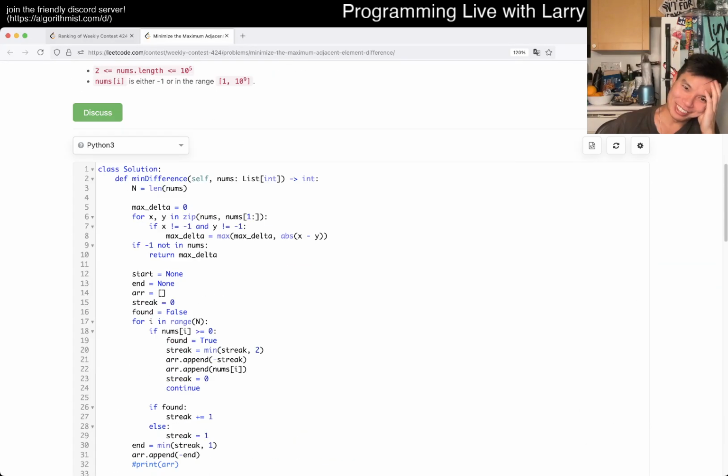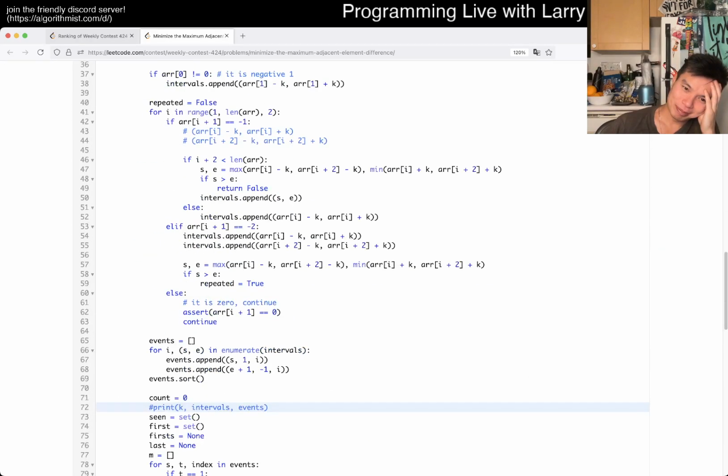This one is so hard. Honestly, I'm kind of annoyed at myself because I feel like I had the components. I had this for a long time.